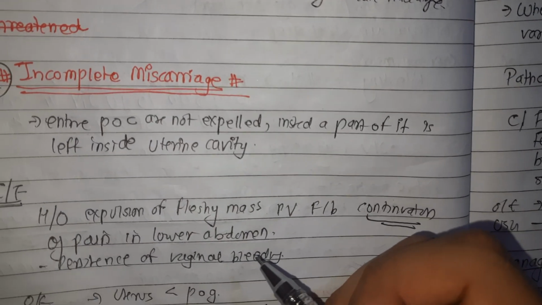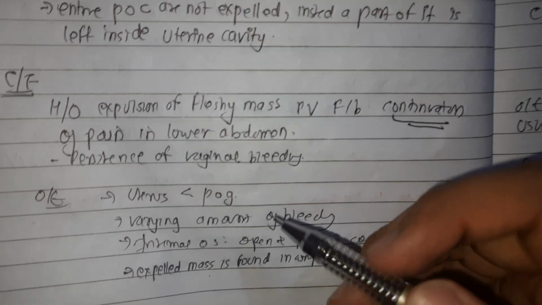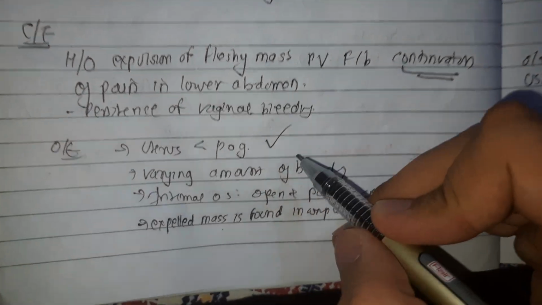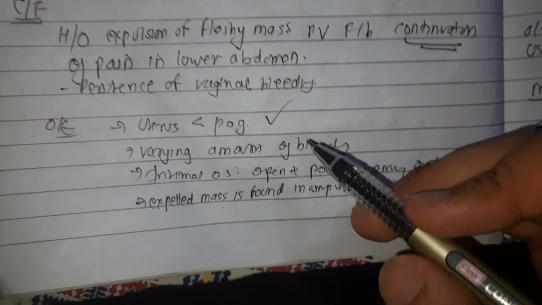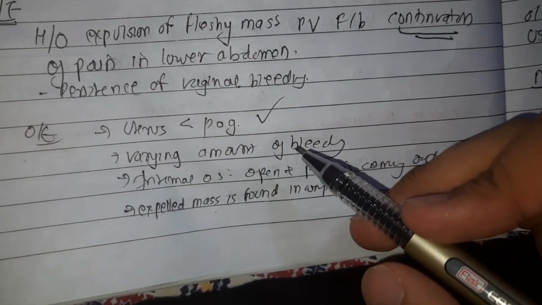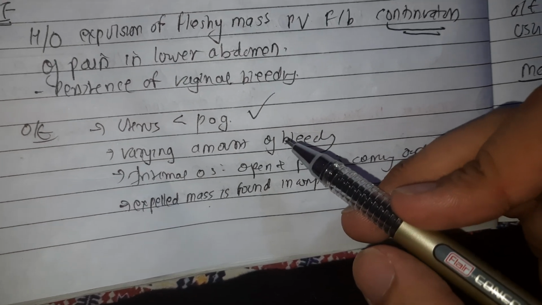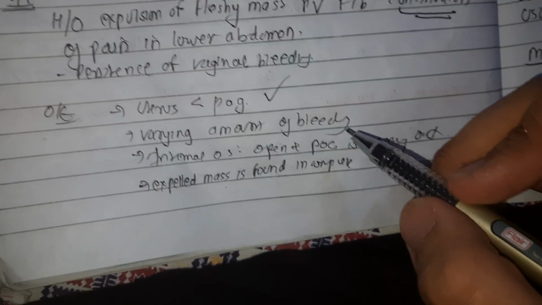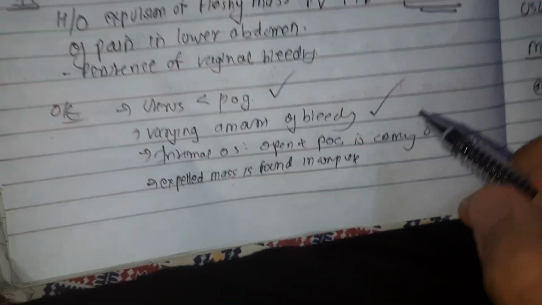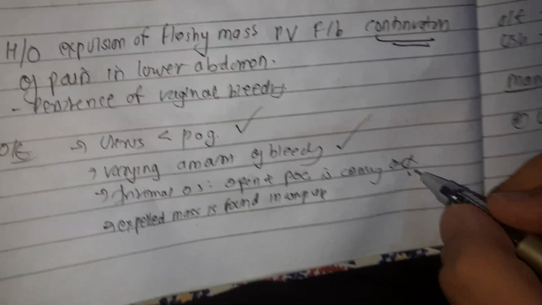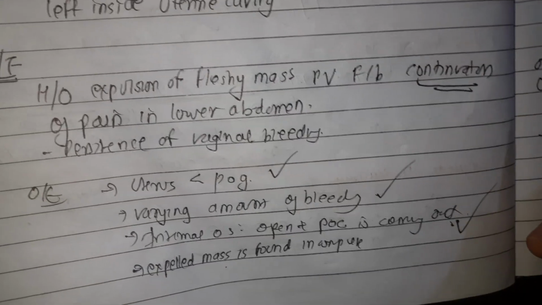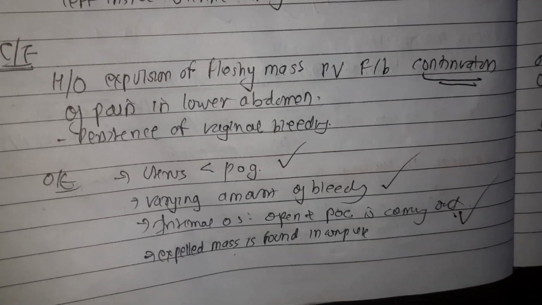The vaginal bleeding was absent in the complete. The internal examination reveals that the uterus is less than the period of gestation, because some part of the products of conception has already expelled out, and there is a variable amount of bleeding. The internal os is open and the products of conception are coming out.